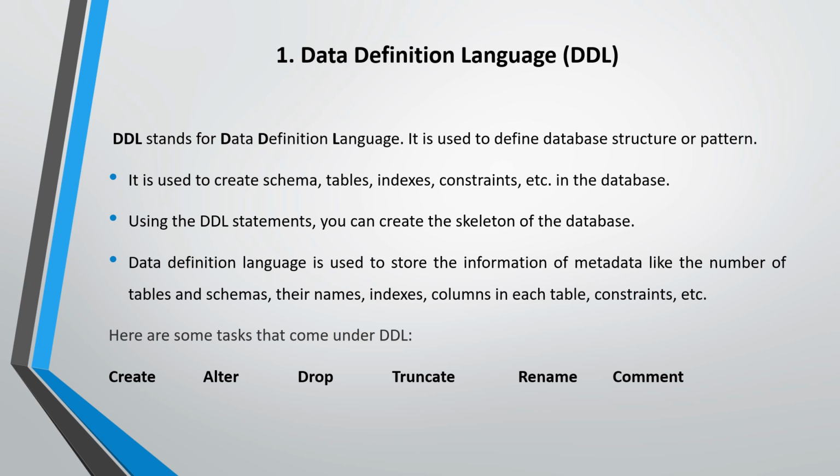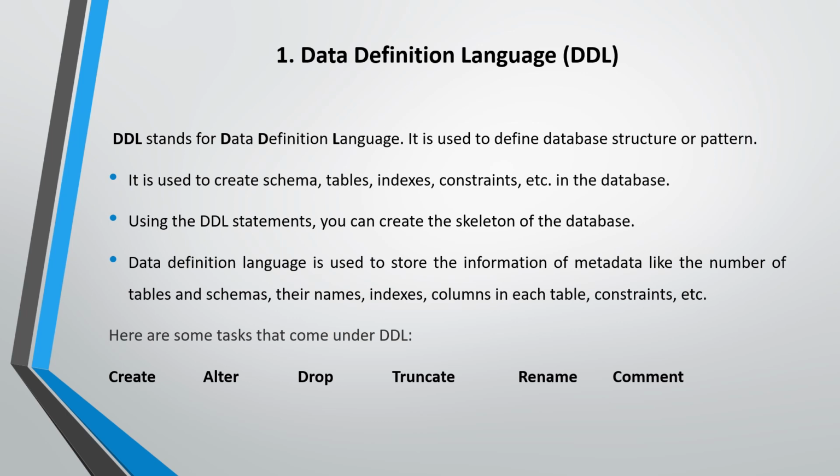Create: what is the function of the create command? It is used to create objects in the database, or to create tables in the database. Second, alter. It is used to alter the structure of the database.